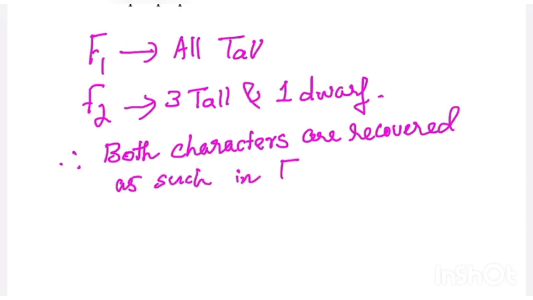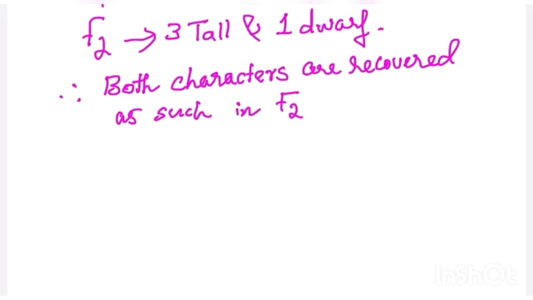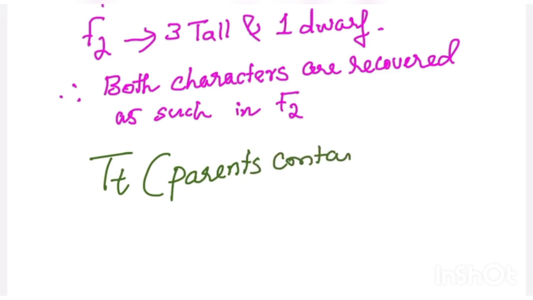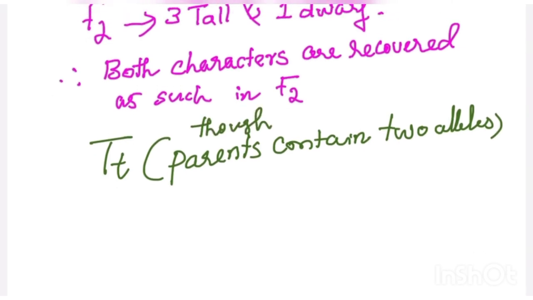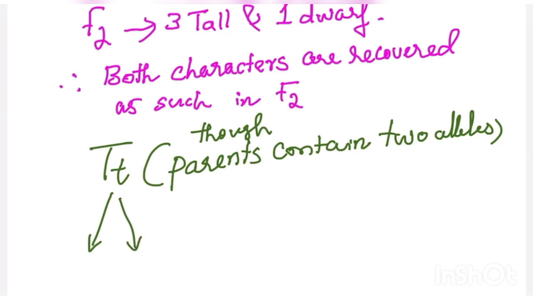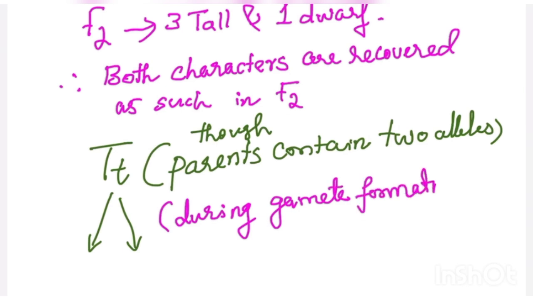So in F1, capital T and small t alleles are not mixed or blended. That's why the dwarf character reappears in F2. Though the parents contain two alleles, during gamete formation they separate and segregate, and only one of the alleles goes to each gamete.